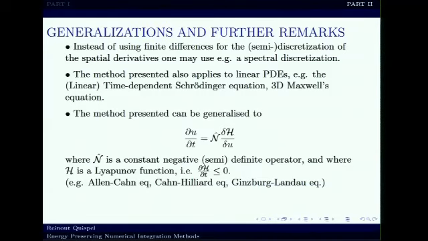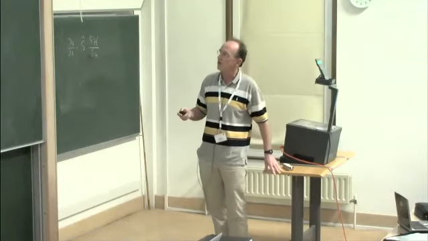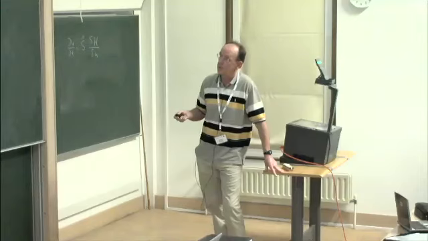You can also generalize it to the case that instead of a skew symmetric operator, you have a negative definite operator. Instead of energy being preserved, your energy will monotonically decrease. It's a so-called Lyapunov function, and that applies to these equations.